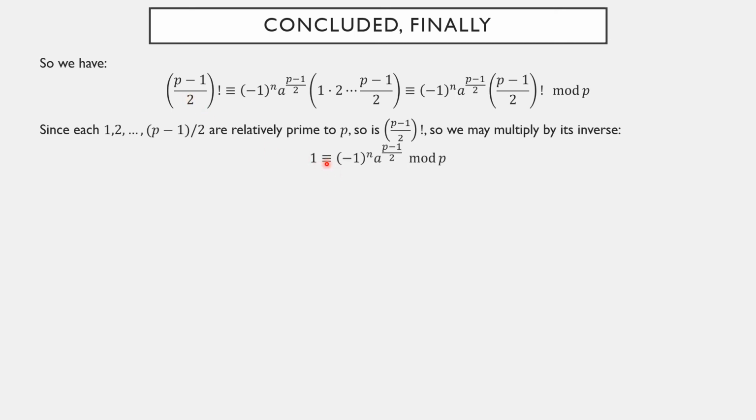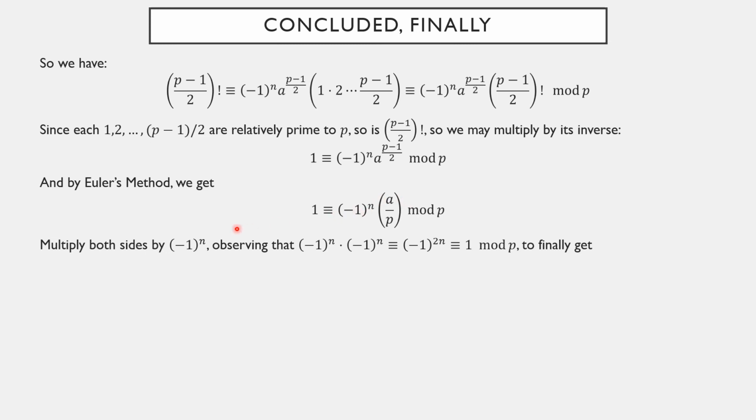So I get 1 is equivalent to (-1)^n times a^((p-1)/2) mod p. By Euler's method, what's a^((p-1)/2)? It's equivalent to the Legendre symbol (a/p). Multiply both sides by (-1)^n, and observe that (-1)^n is either +1 or -1, but when I multiply it by itself, I definitely get out a 1.